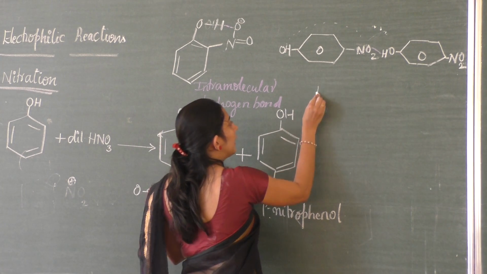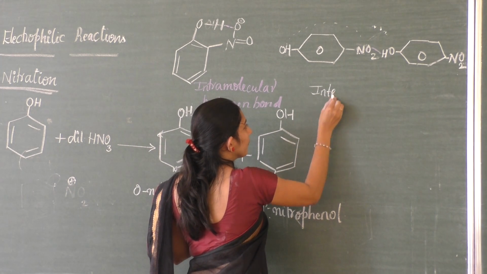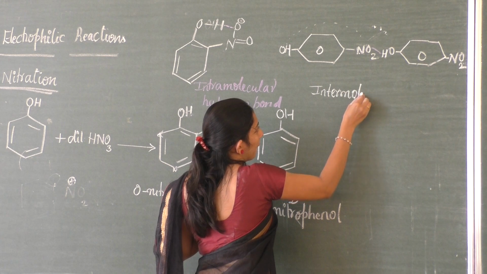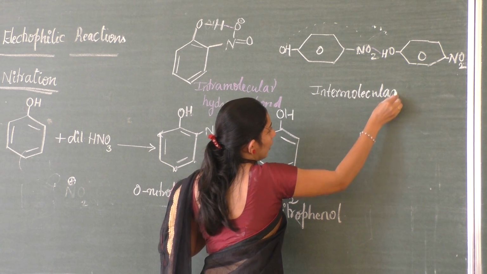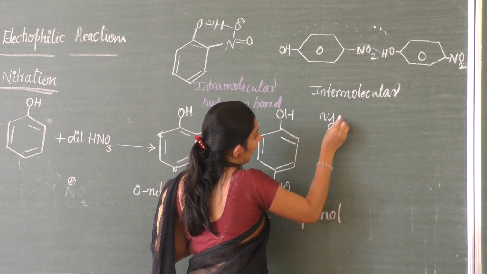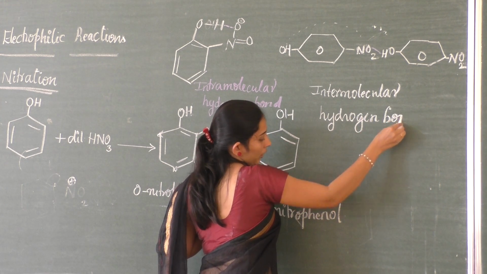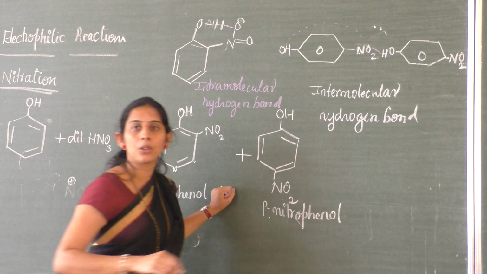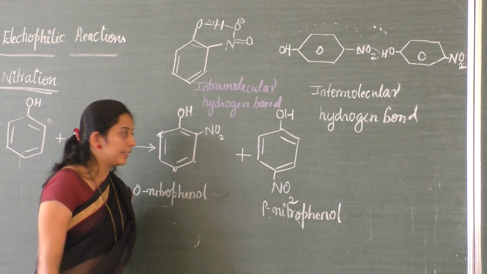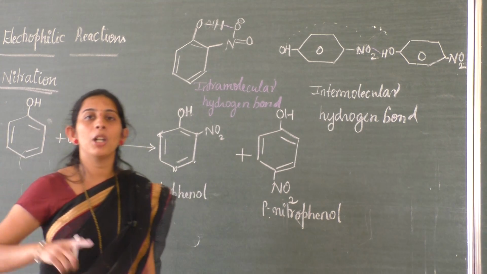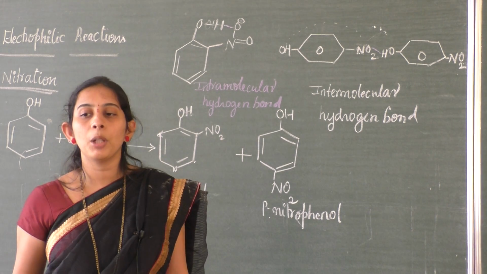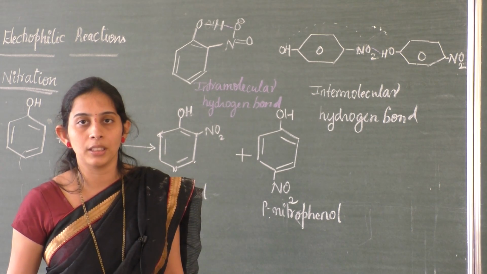Therefore we call it intermolecular hydrogen bond. Intermolecular hydrogen bond is present. So one is intramolecular, another one is intermolecular hydrogen bond.